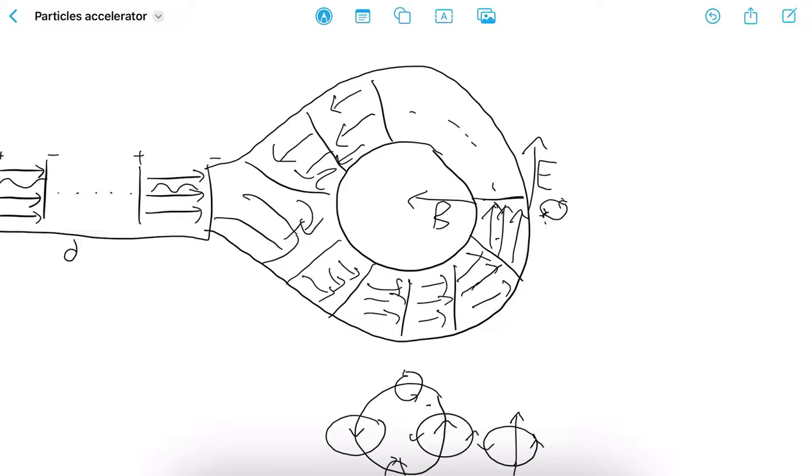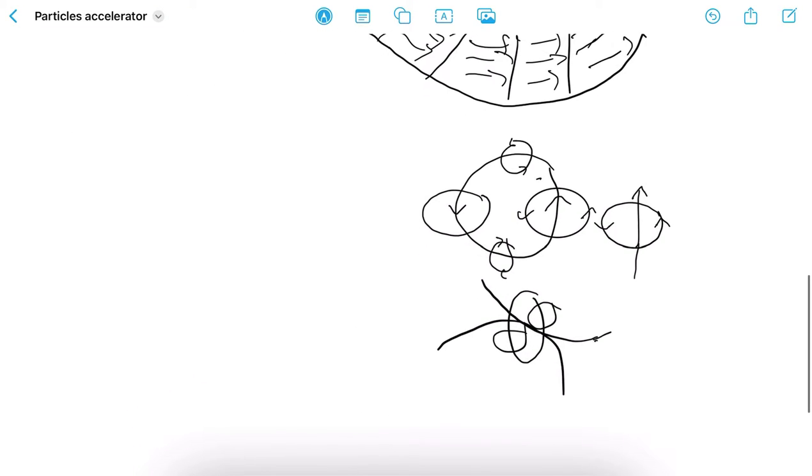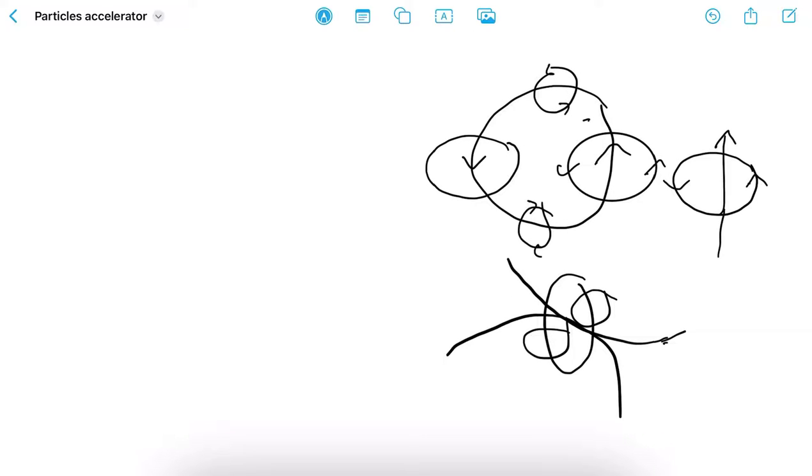That means the speed in a circular motion, the velocity, is proportional to the acceleration and the radius of the circle.